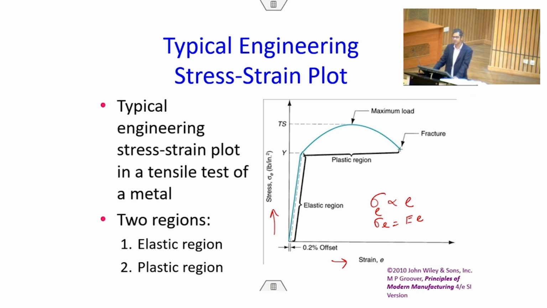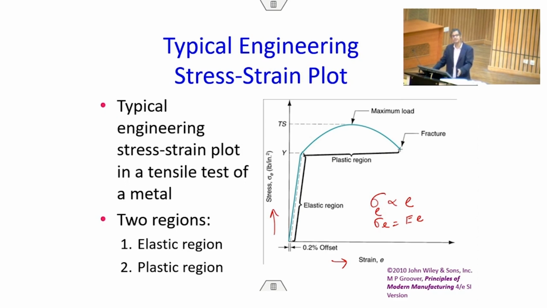Here, plastic means plastic deformation. The plastic region starts with the yield strength, which indicates the deviation from linearity. This is the linear portion, where stress is proportional to strain.